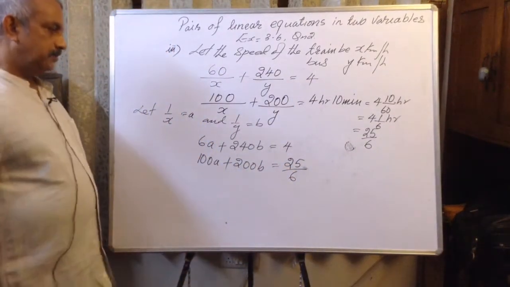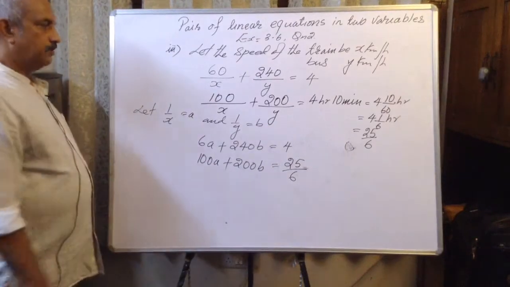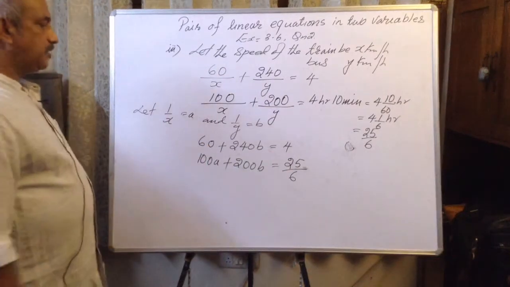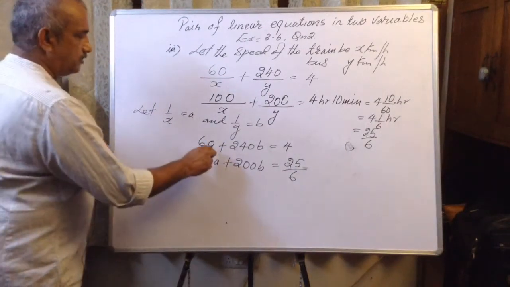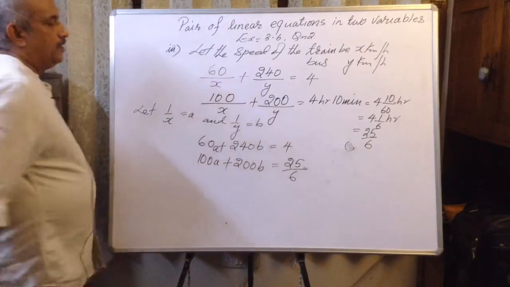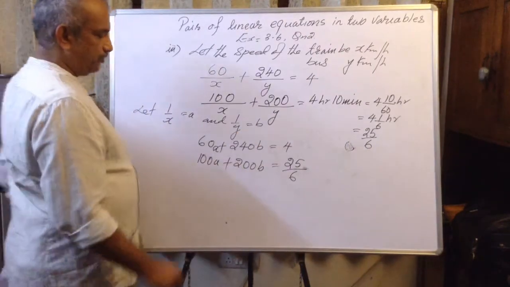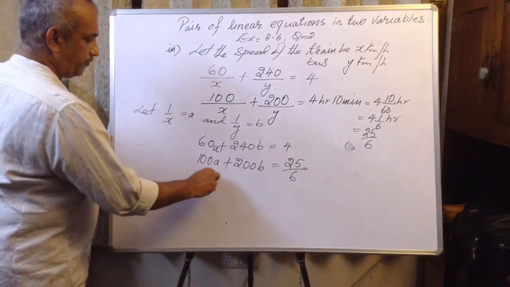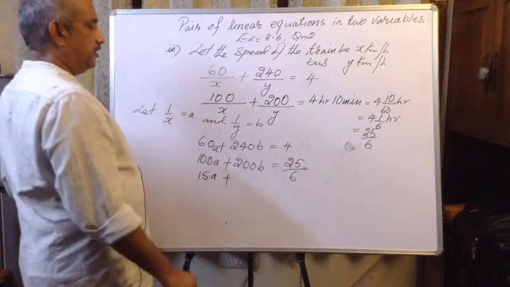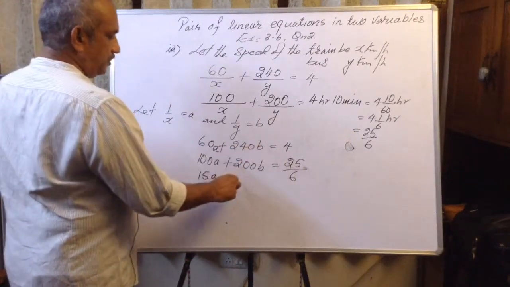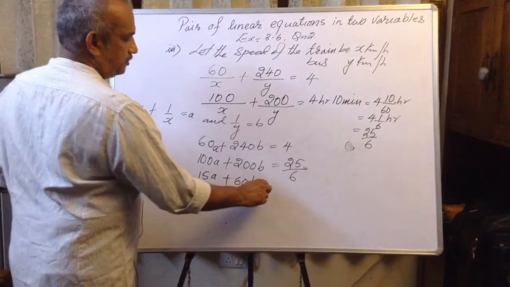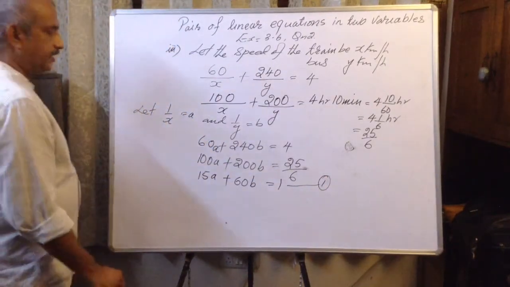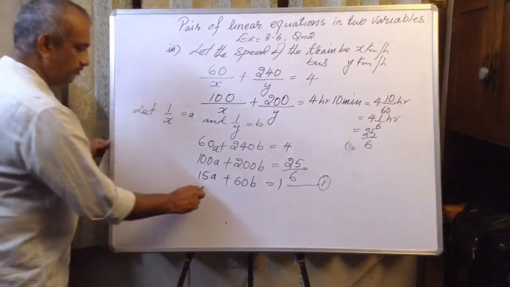In the first equation, throughout it is divisible by 4. So 60 divided by 4, 15a plus 240 divided by 4, 60b is equal to 1. This is the first equation. Again in the second one, throughout it is divisible by 25.